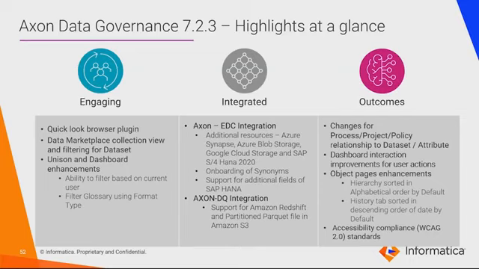And on the integration perspective, Axon EDC, we supported a bunch of new resources, either that was on Azure Synapse, Blob Storage, Google Cloud Storage, and SAP S/4HANA. We also supported onboarding the synonyms for the relational database sources. And from the Axon and DQ integration perspective, we supported Amazon Redshift and partitioned Parquet file on Amazon S3 as the new sources.